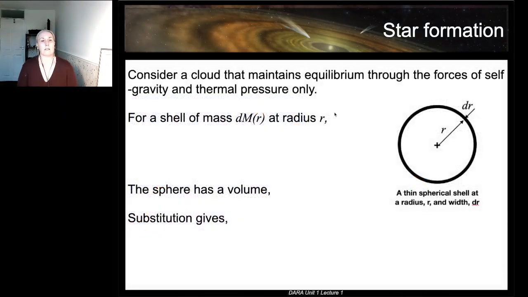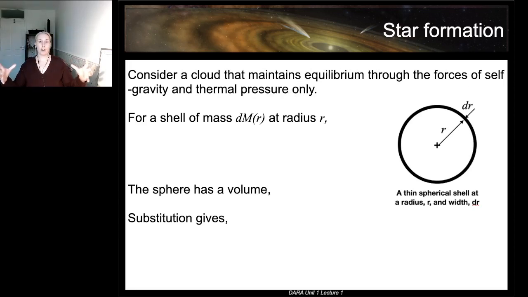So let's have a little discussion now about the physics that's going on that allows this to happen. We're not going to go through the full derivation of this today, but we will revisit this in the workshop as well. So let's consider a cloud that is spherically symmetrical, and it maintains equilibrium through the forces of self-gravity and thermal pressure only. So we only have 2 forces that are acting here.